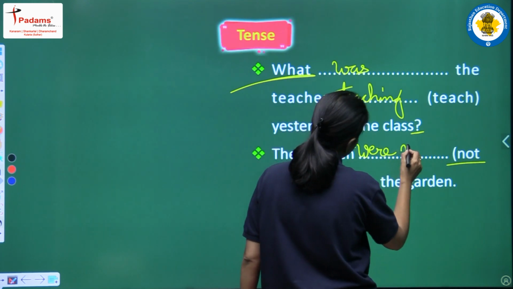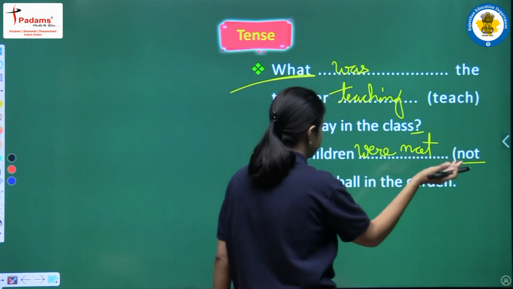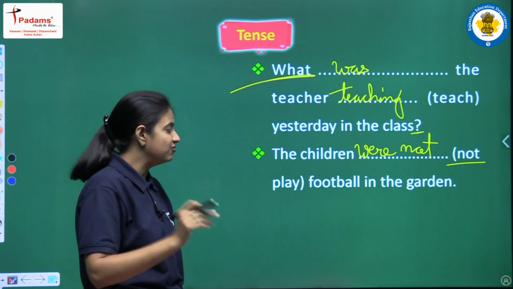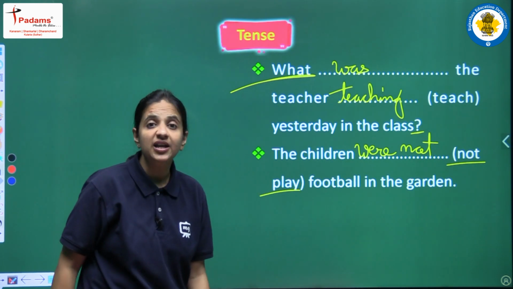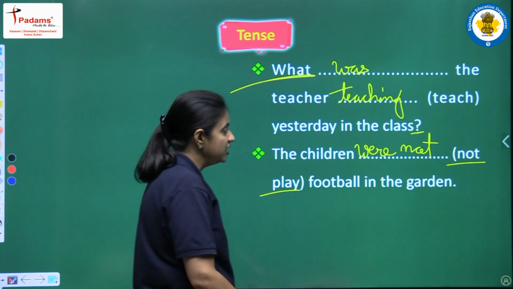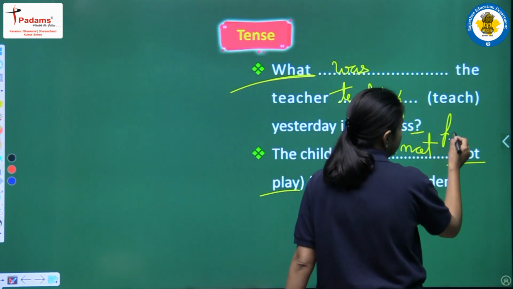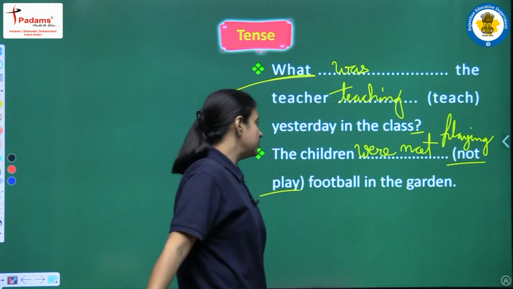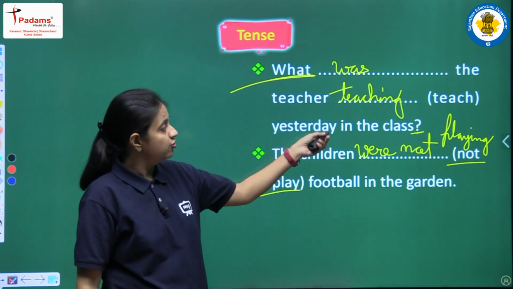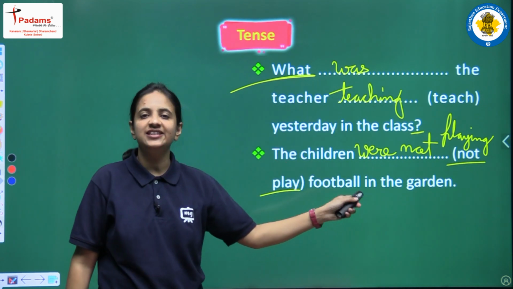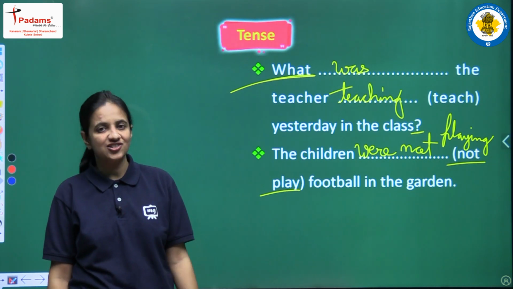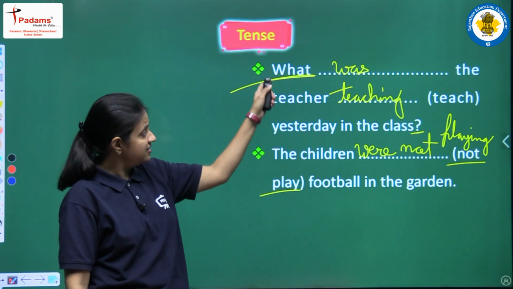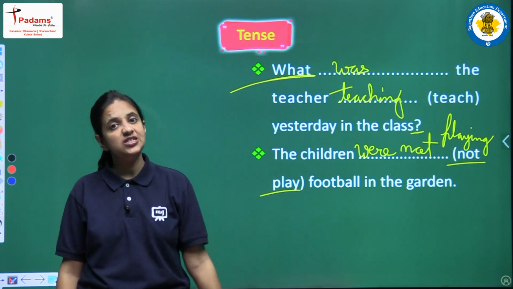After the helping verb we will write not, and after not we will write the main verb. The main verb we have is play, so we will add ing. Play plus ing, it will be playing. And the sentence will be, the children were not playing football in the garden. So this is the structure of the negative sentence and this is the structure of the interrogative sentence.